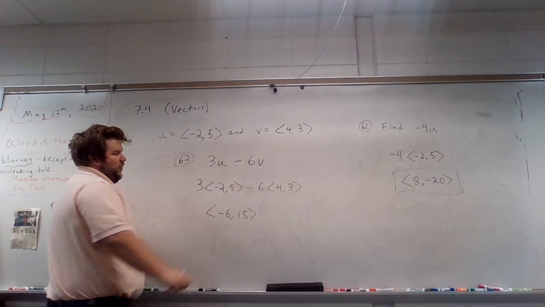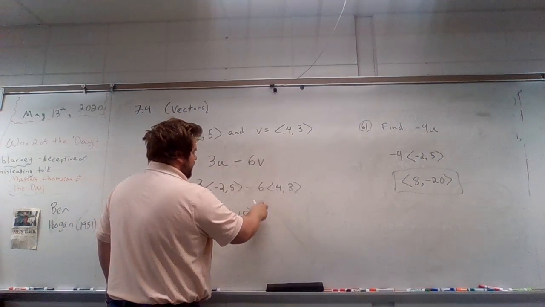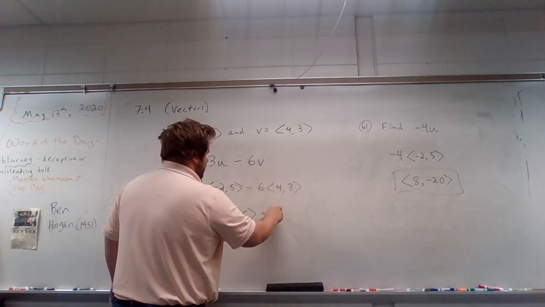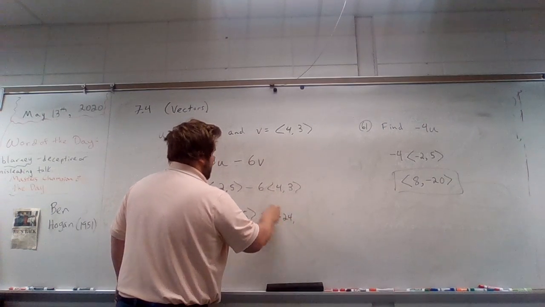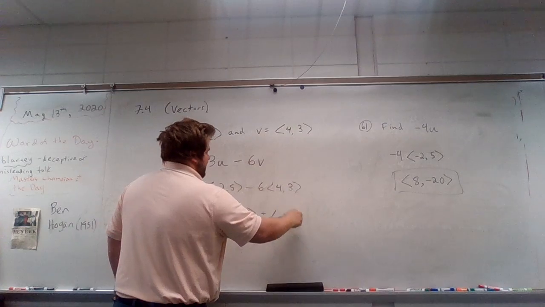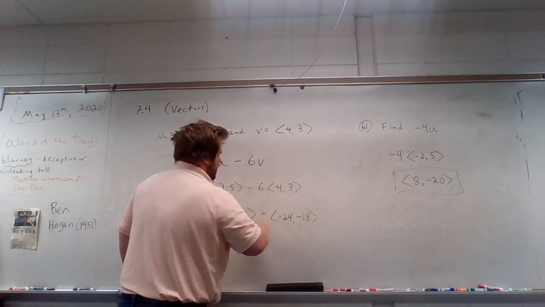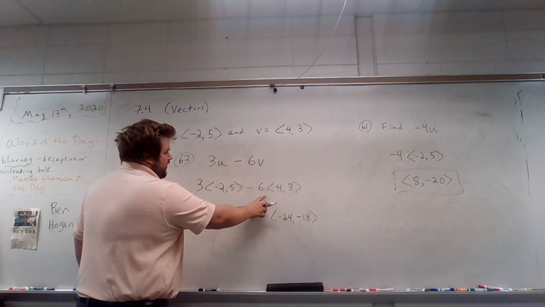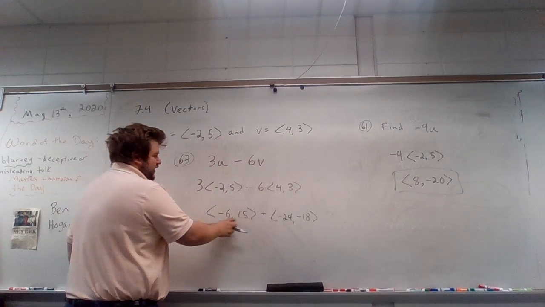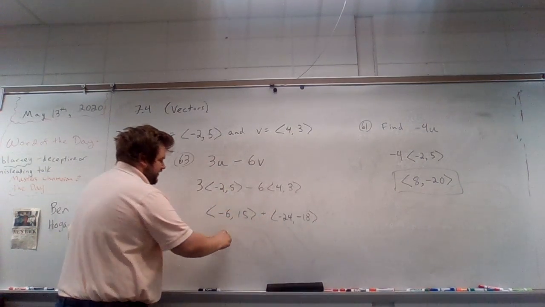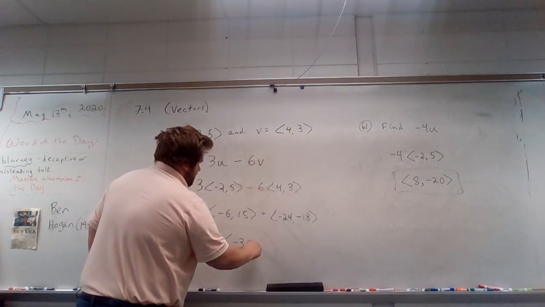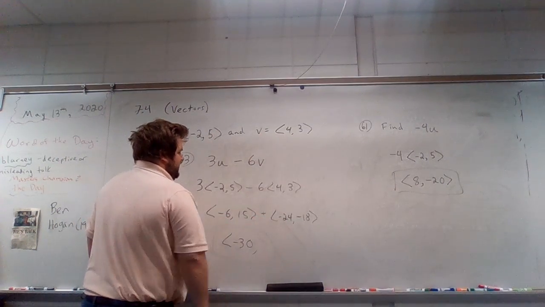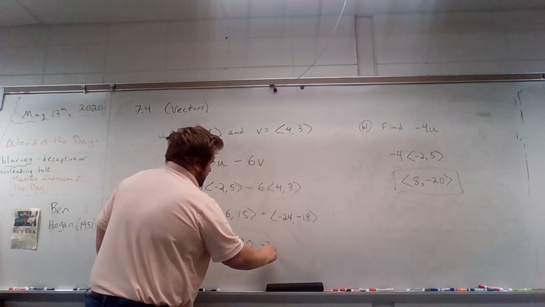And then here I'm multiplying this by negative 6. So negative 6 times negative 4 would be like a negative 24, and then a negative 18. So really I'm just kind of subtracting that or just adding that vector now. So negative 6 plus negative 24, that's negative 30. 15 and negative 18, that's negative 3.